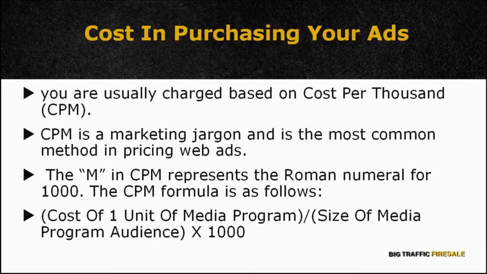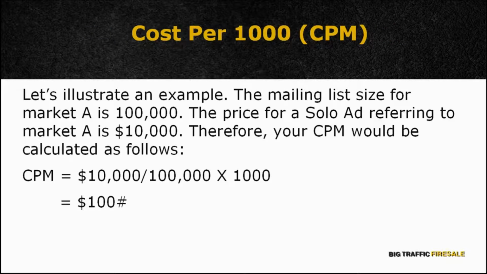The M in CPM represents the Roman numeral for 1,000. The CPM formula is as follows: cost of one unit of media program divided by size of media program audience, times 1,000. Let's illustrate an example. The mailing list size for Market A is 100,000.